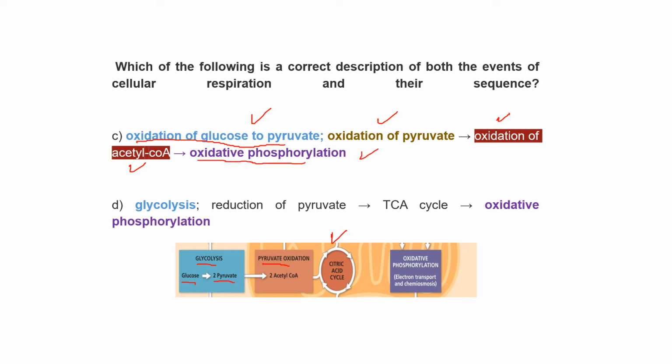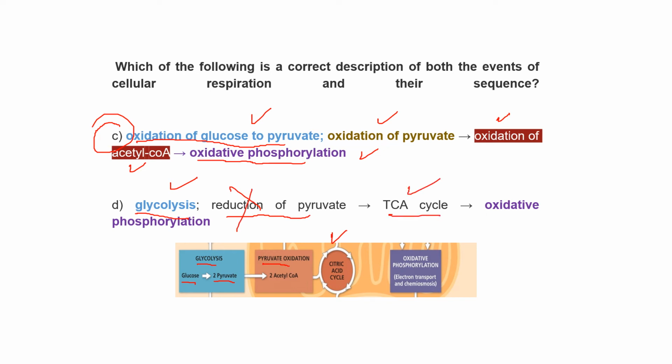So C seems to be the correct answer, but let's try to see what happened with D. Glycolysis is correct. The reduction of pyruvate, no, this is wrong. Remember that we are going in the opposite direction. We are not doing reductions here. We are doing oxidation, so this is wrong.